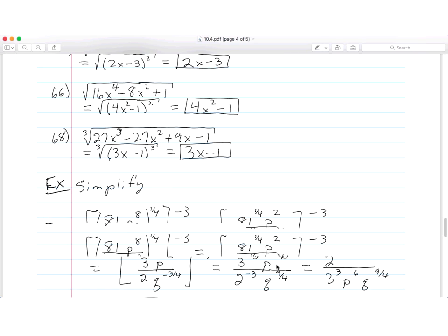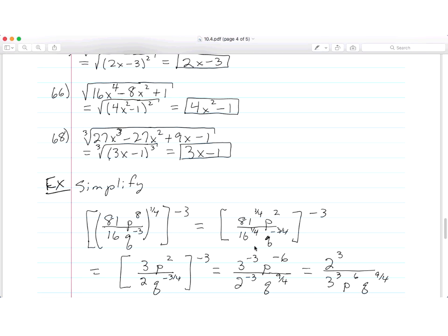Let me simplify this somewhat. The fourth root of 81 is 3. The fourth root of 16 is 2. Let me raise everything to the power negative 3. So I get 3 to the negative 3. P, 2 times negative 3 is negative 6.